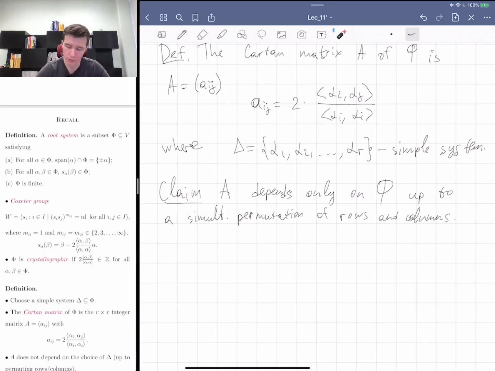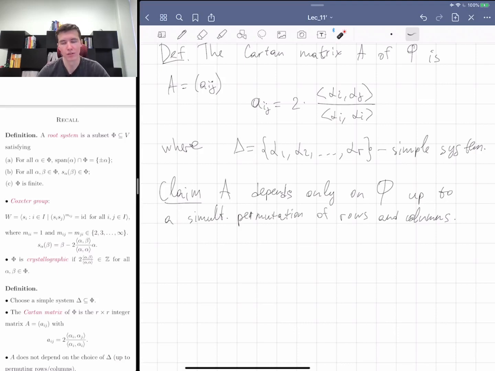Because if you permute the simple roots, that corresponds to simultaneously permuting the rows and the columns. But up to that transformation, the Cartan matrix is uniquely defined. If you choose some other simple system, then because any two simple systems are related by a unique element in your reflection group, and such elements are isometries, the entries of the Cartan matrix don't change when you switch your simple system to some other one.